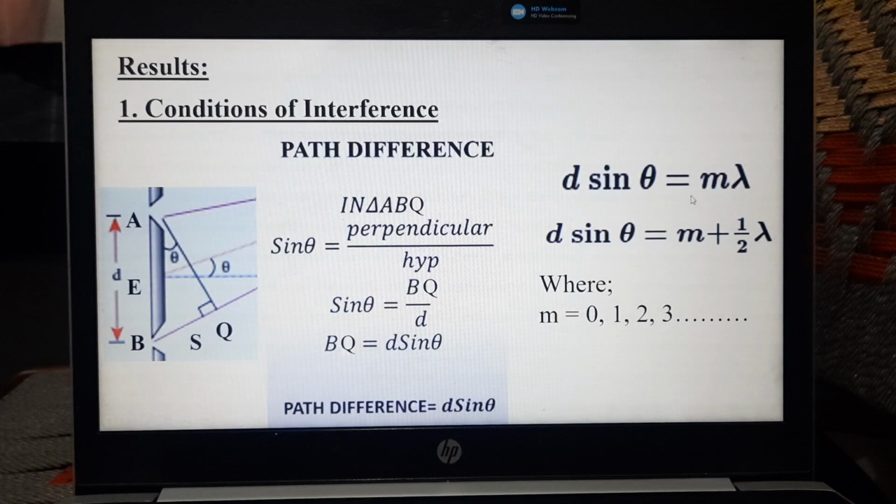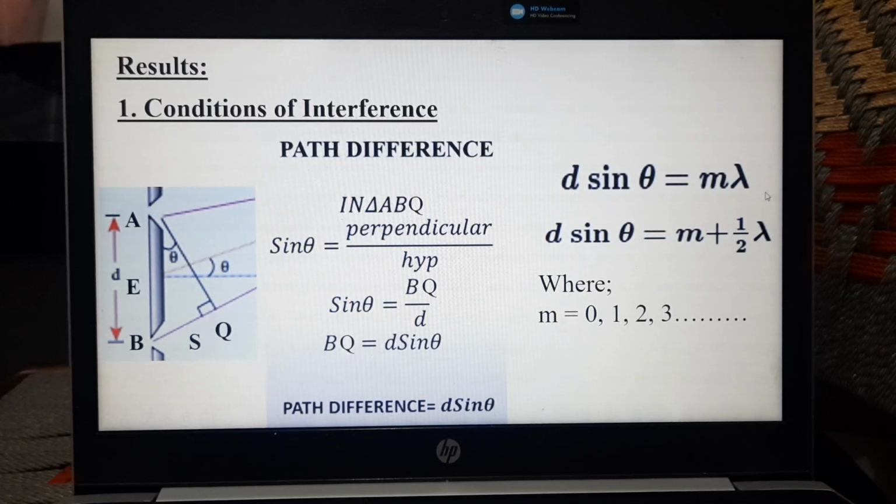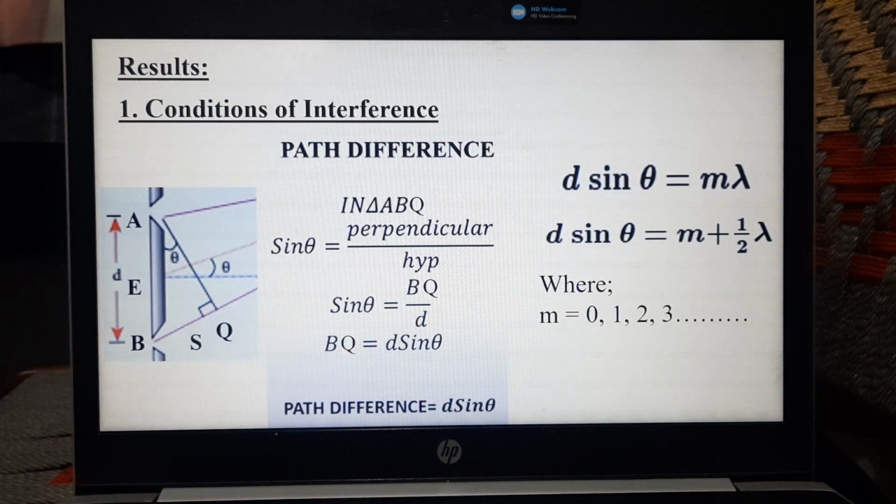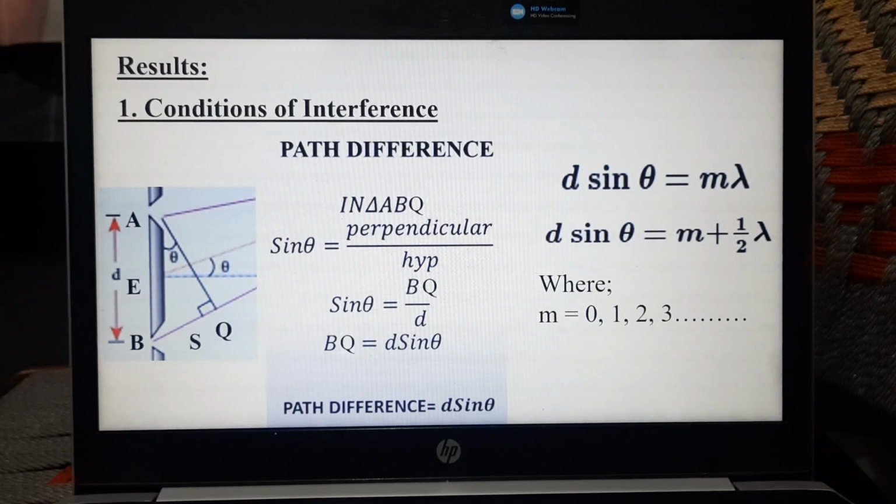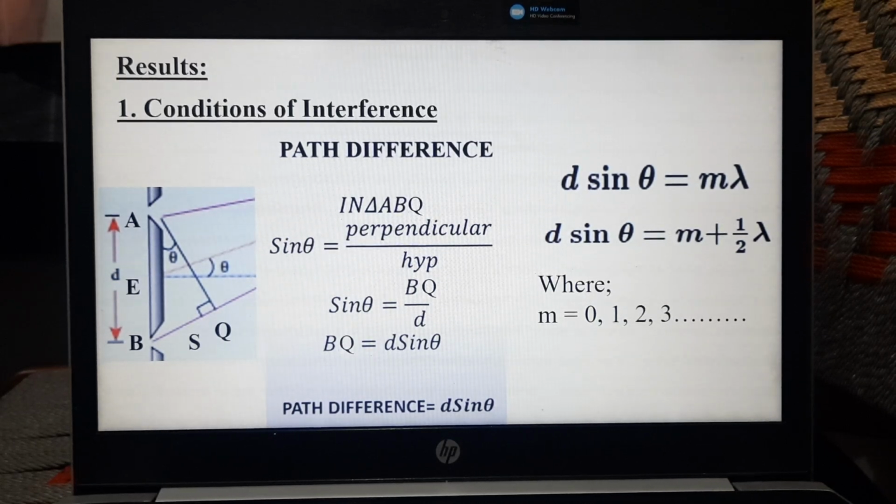Now, according to the condition of constructive interference, if this d sine theta is m lambda, then we will get bright spots, bright points, which represent constructive interference.